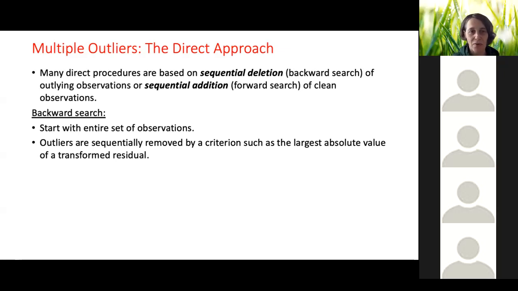So right, and for both the backward search and the forward search, different criteria for removing or adding cases have been suggested. Very commonly used for backward search algorithms is the largest absolute value of a transformed residual. So it's based on residuals, right? The general idea is that we are removing cases based on their residual values, so that those who have large residuals are the most likely to be removed.